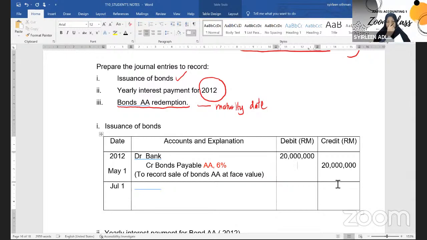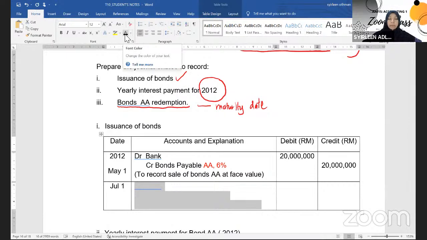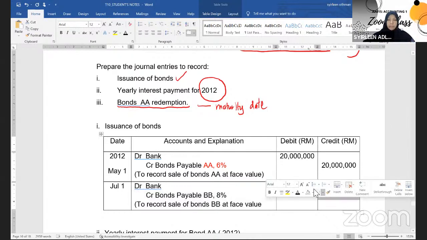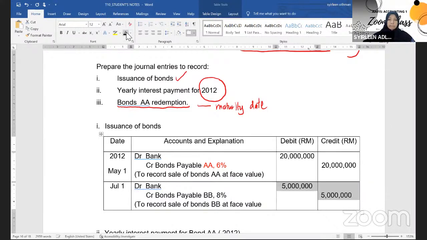And then we are going to record for the second one. The transaction will still be the same, but with a different amount of face value. So we are still going to debit bank and credit bonds payable, but with a different face value amount, that is 5 million ringgit only.